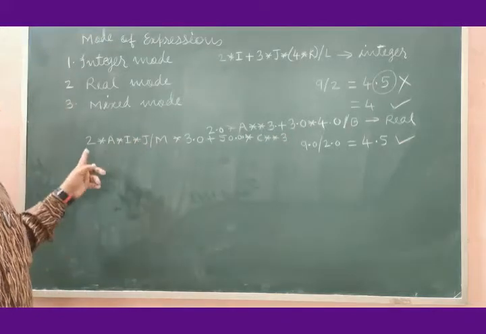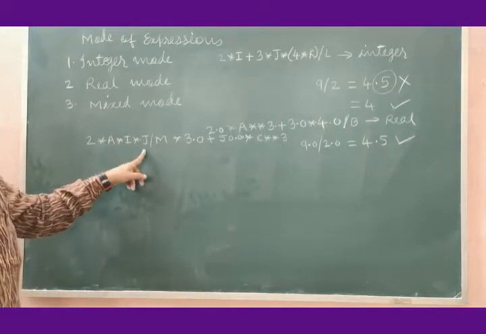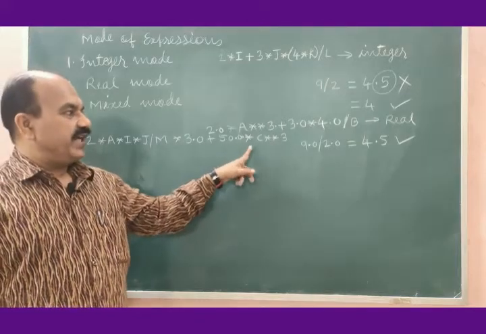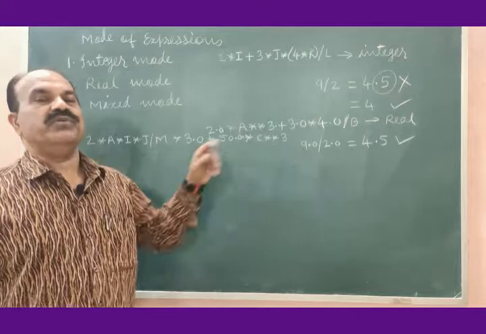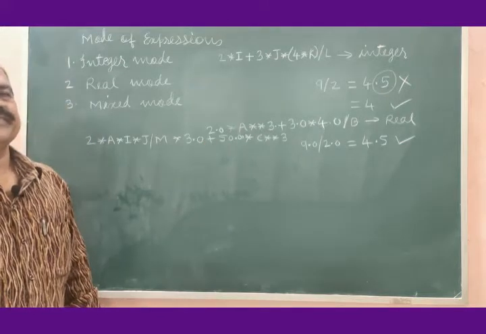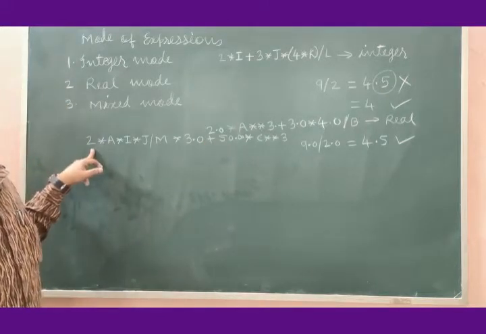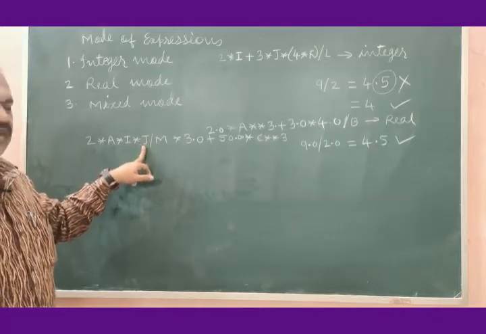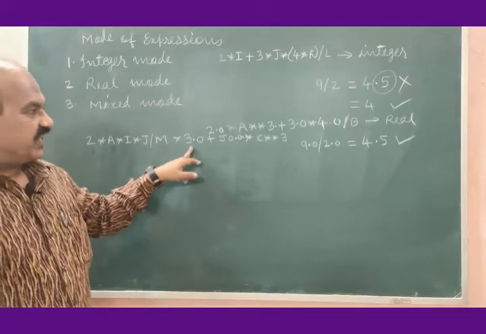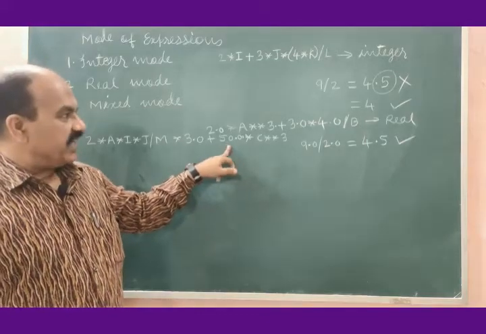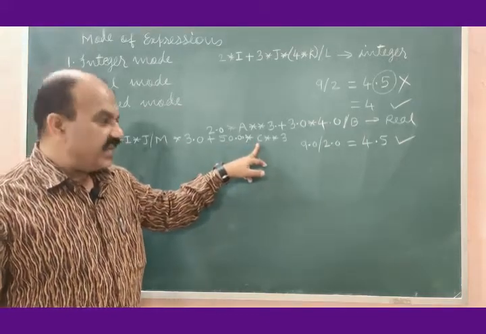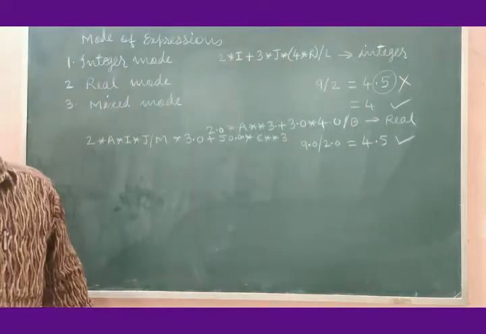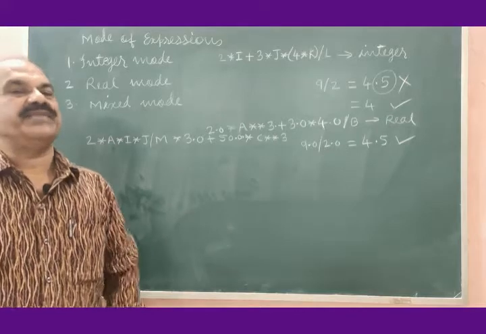What is the expression? 2AIJ divided by M into 3.0 plus 50 into C cube. Integer, real, integer, integer, integer, real, real, real, integer. This is a mixed mode arithmetic expression.